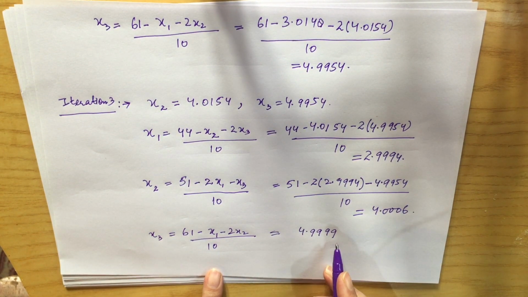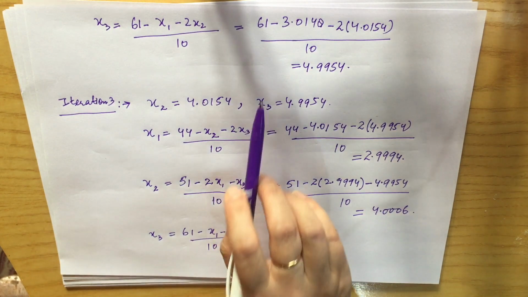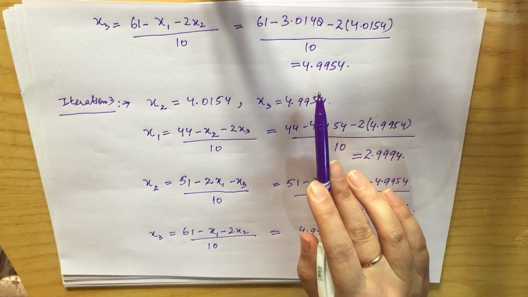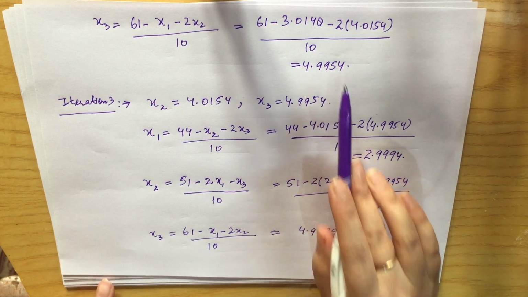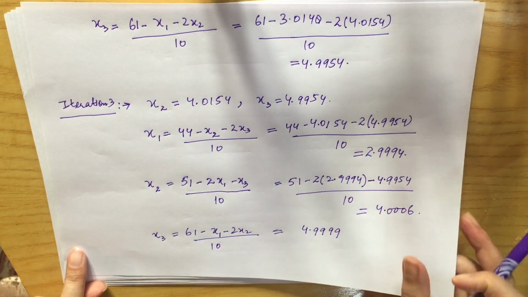In the previous iteration, our x3 value was 4.9954, but we have to check up to the 4 significant digits. So we have to do another iteration. We will move to the next iteration, that will be iteration 4.